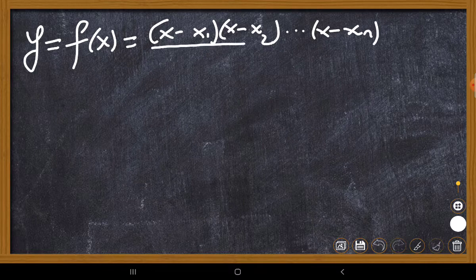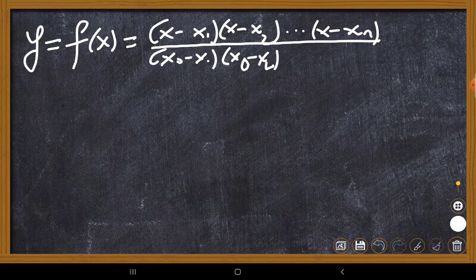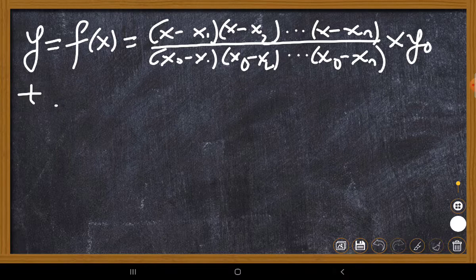And here you have to subtract everything from x naught: x naught minus x1, x naught minus x2, and so on, x naught minus xn, into y naught. So remember, the first term relates to y naught, so in the denominator you have x naught everywhere. The second term you have to multiply with y1, so x1 will be removed.